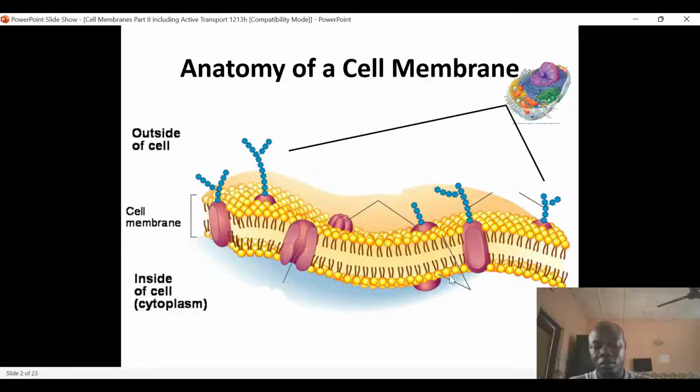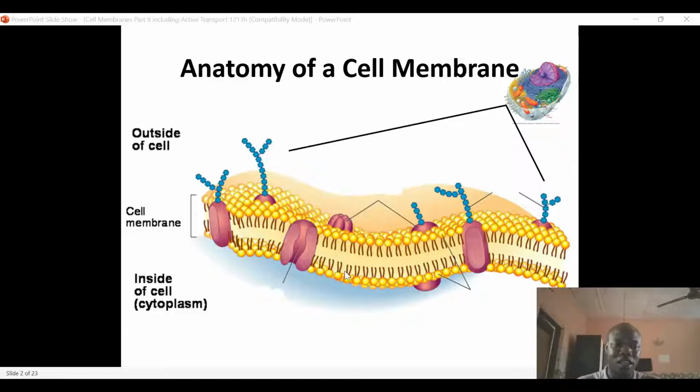The inside of the cell is the cytoplasm. Remember from the basic knowledge of biology, the cell membrane is like a cover that surrounds the cell.